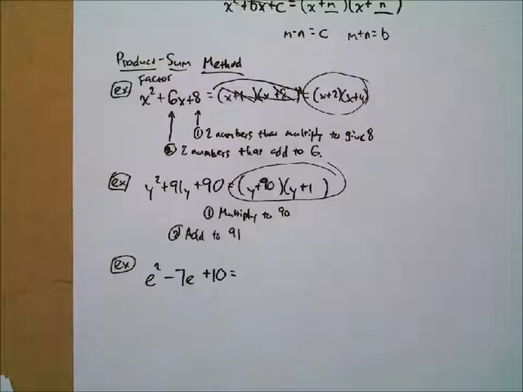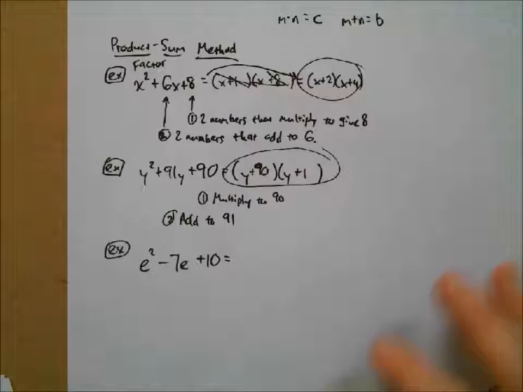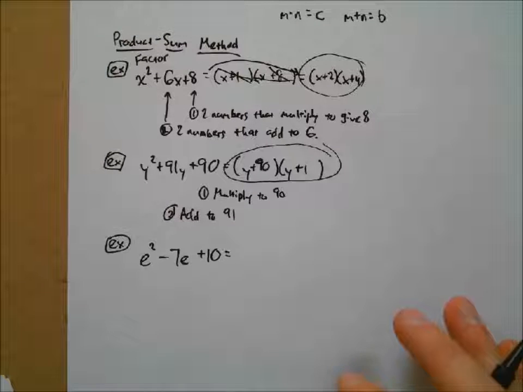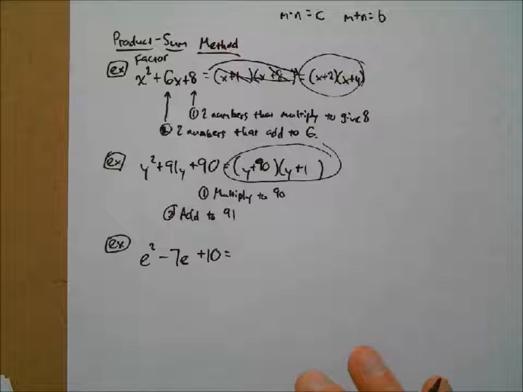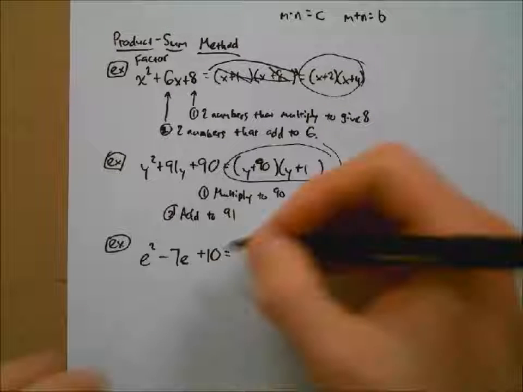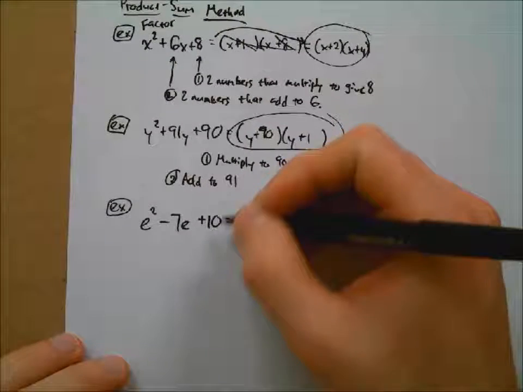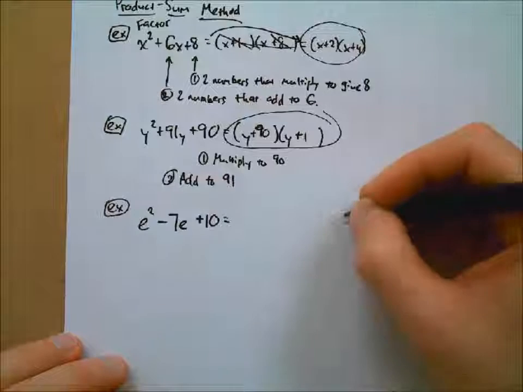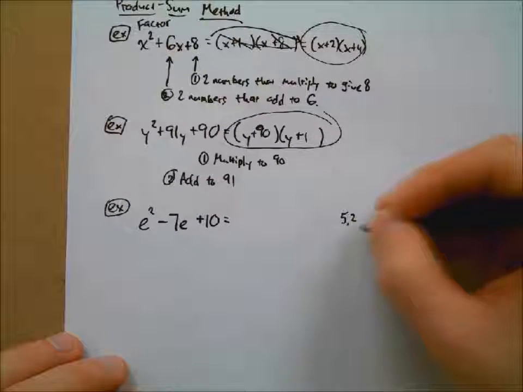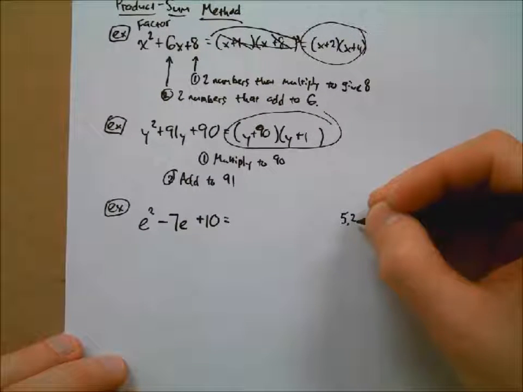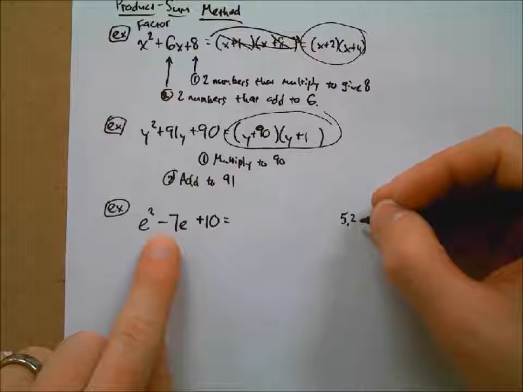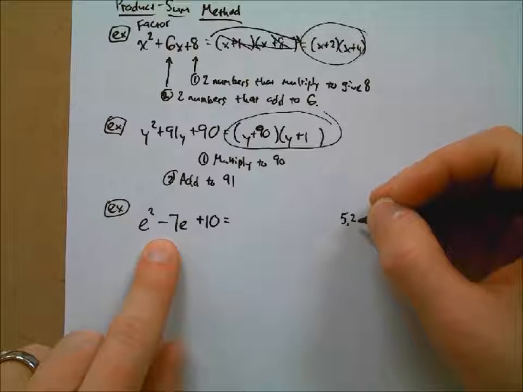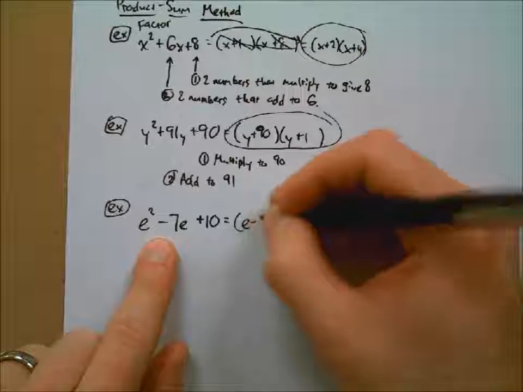Okay, so now we're trying to multiply to what? 10, but add to make a negative 7. So, to multiply to make 10, what are some numbers we can use? 5 and 2, okay? But 5 plus 2 is positive 7. There you go, negative 5 and negative 2, yeah.